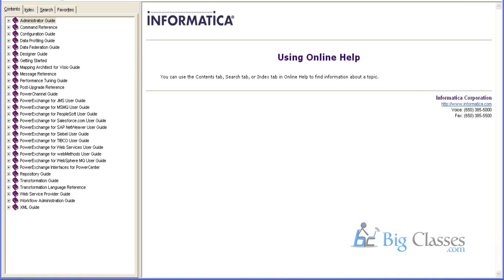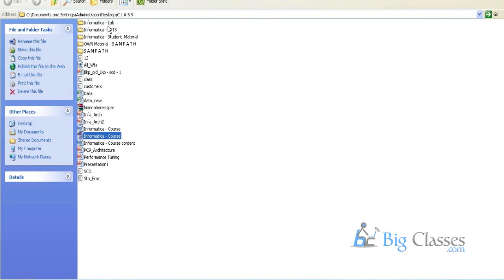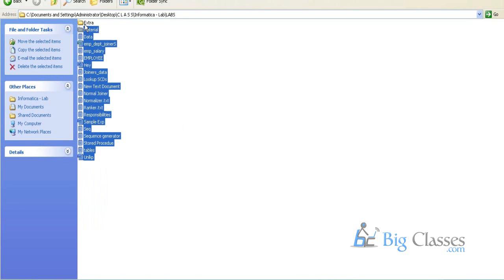I have Windows 7 on my machine, so can we download this software? Are you going to provide it? If you are coming to the lab, we are going to provide you the lab material, and for installations, we are going to give you access.